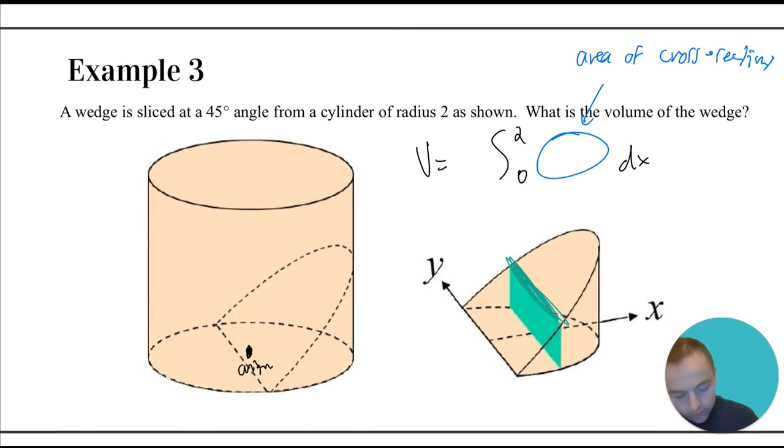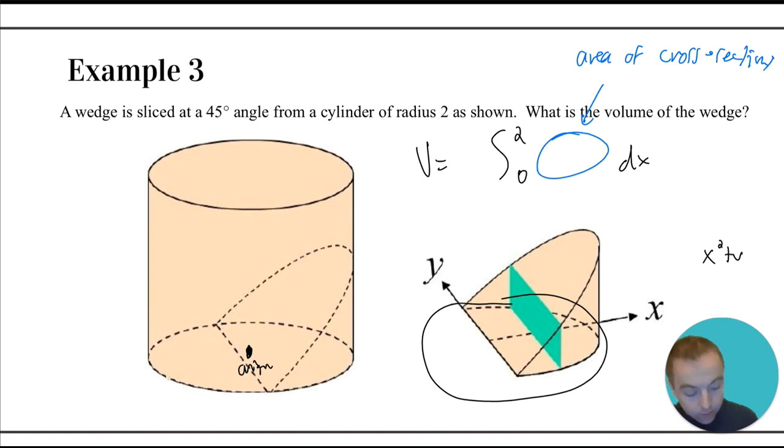Talking about what this distance right here is going to be, you should recognize that it's always a distance being squeezed between the x-axis and the circle, right? What you should recognize about a circle centered at the origin is that it has an equation where x squared plus y squared is equal to the radius squared.